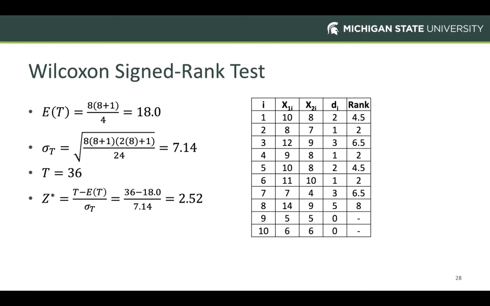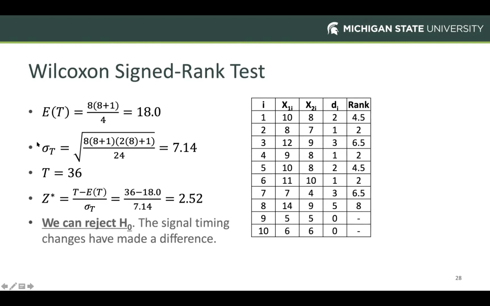And so in this case, our calculated z statistic is then 2.52. And this again is going to be significantly larger than that critical value of 1.645 or 1.65 that we've been working with historically through these examples. Okay, so the conclusion then, as in the other cases, is that we can reject the null and we find that the signal timings have in fact made a difference here.